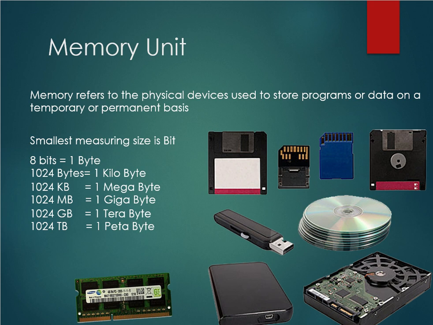So we use this to state the capacity of these storage devices, and also to mention the size of a data set. Okay. That means size of a file. In a computer everything is a file, so data is also saved as a file. Then the file size is also mentioned by using this scale.